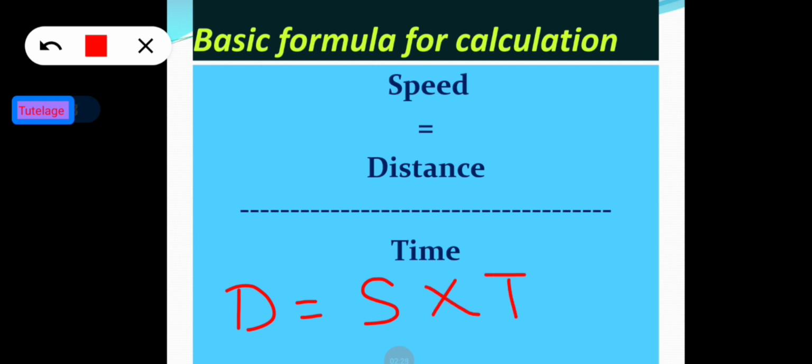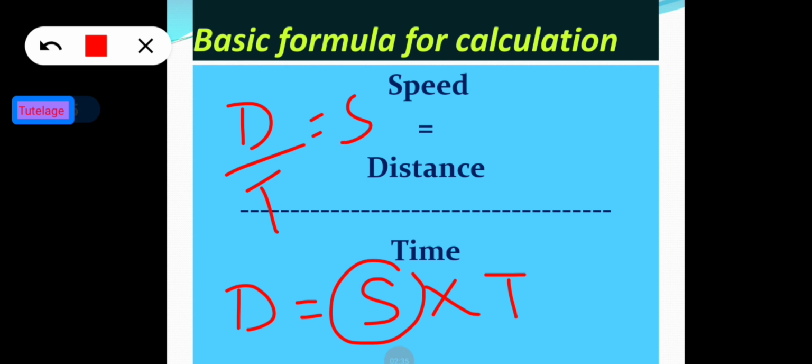So speed is d by t. Here we can see the formula of speed, that is equal to distance as the numerator, divided by the time, which is indicated by t, as the denominator. So what is the formula of speed?